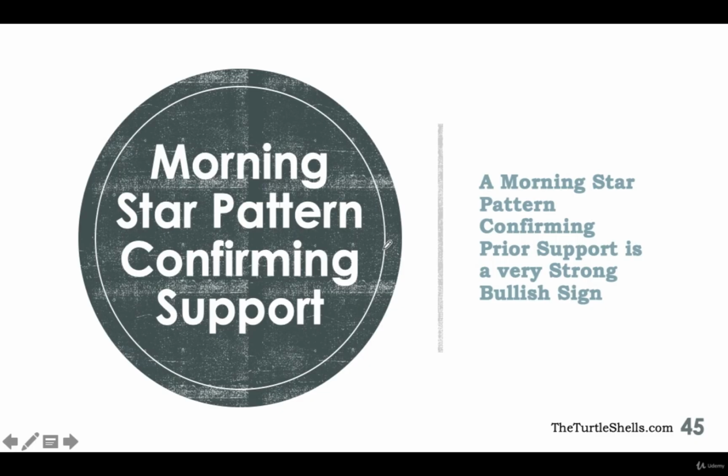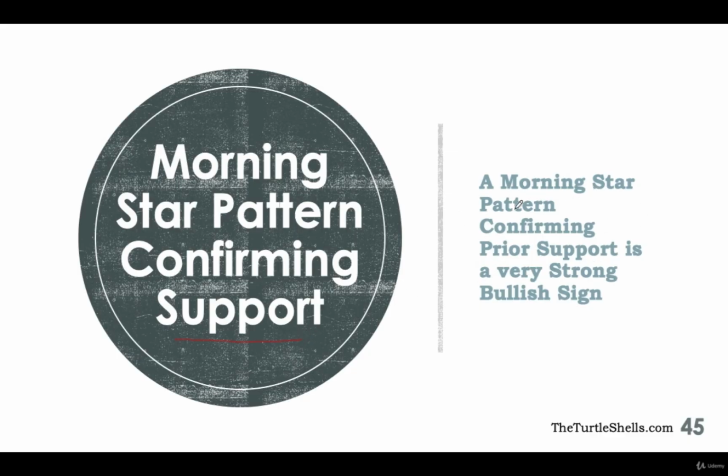If these patterns are all confirming prior support, that gives us the additional confirmation that we can go long, because the support confirmation actually means that at that particular price point, there were bulls who came into the market. So chances are this time also they may come back into the market. So any support confirmation gives more weight to the trade.